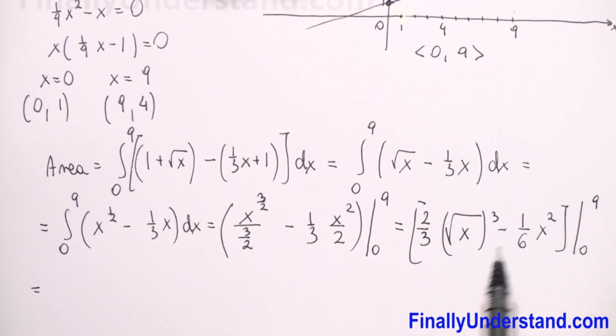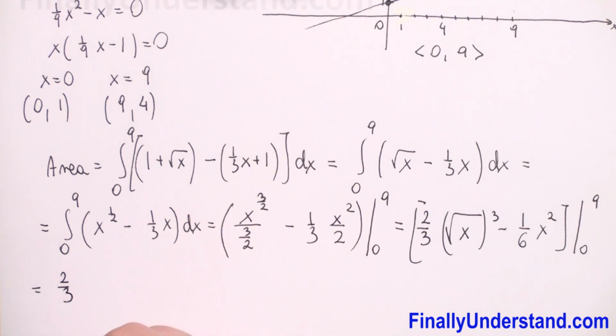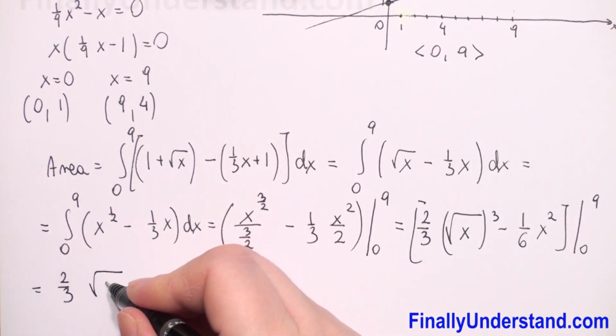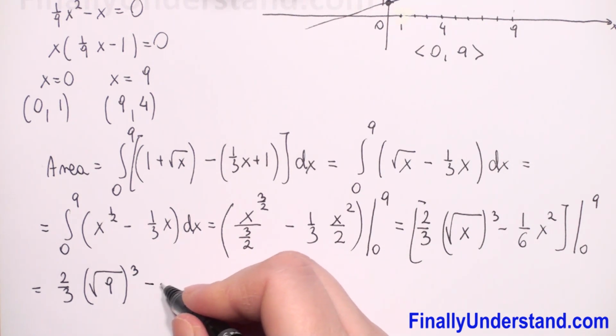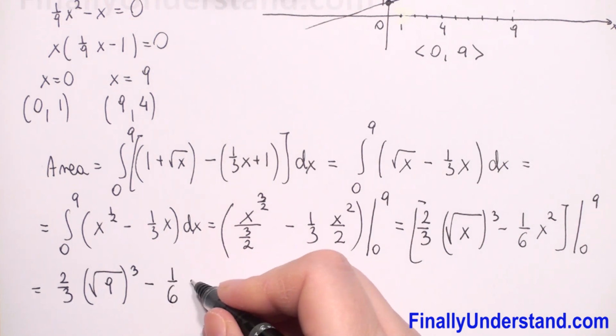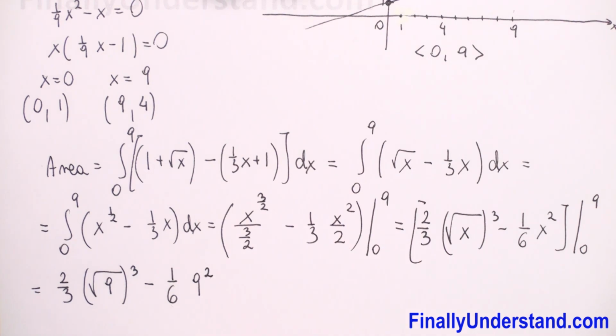First I plug in the upper limit: 2/3 times square root of 9 to the 3rd power minus 1/6 times 9 to the 2nd power, and we have to subtract the lower limit. But when we substitute x by zero, the first expression will be 0 and the second 0, so we don't have to do this.